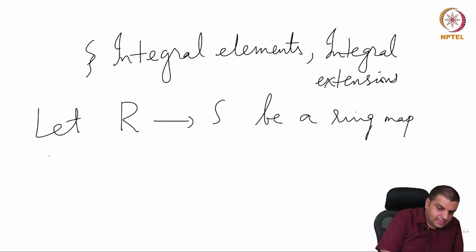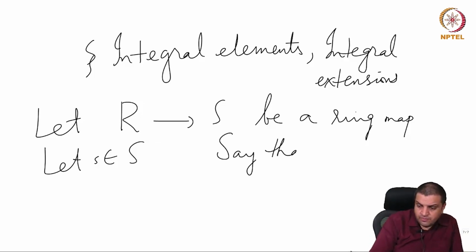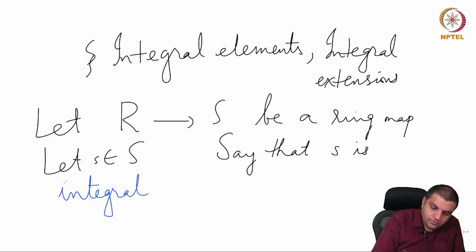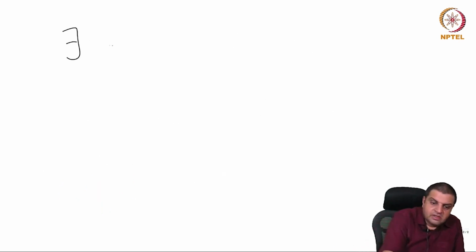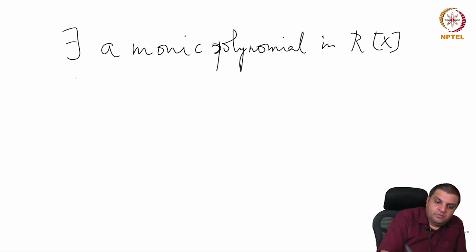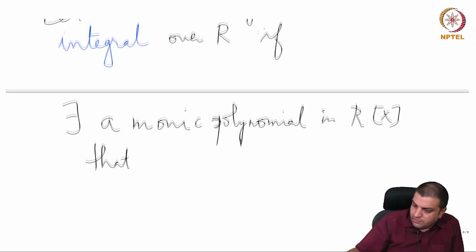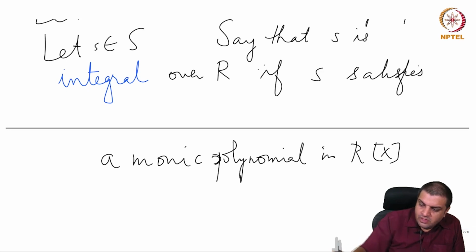Let s be an element of S. We say that s is integral over R if s satisfies a monic polynomial in R[x].